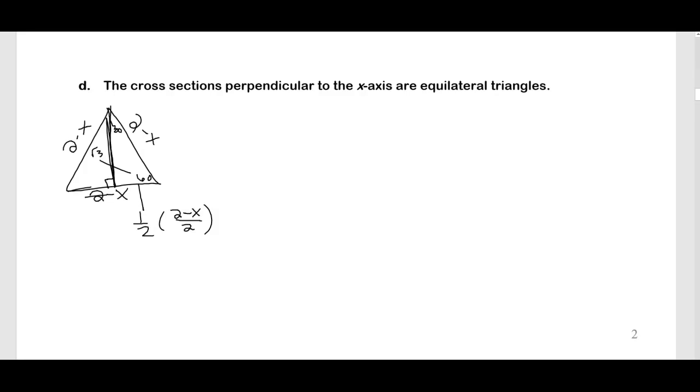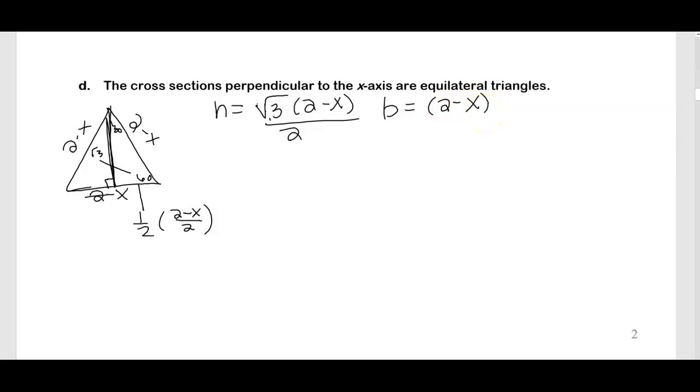So then here, this is going to be root 3 times the 2 minus x. So the height is equal to root 3 times 2 minus x, and the base is still 2 minus x, because it's the whole triangle.